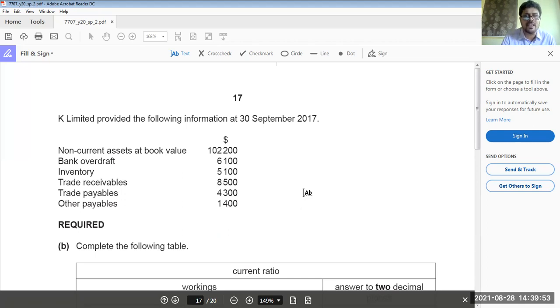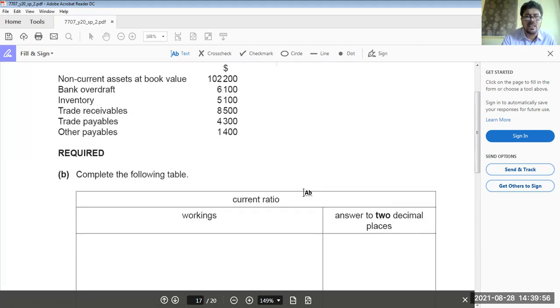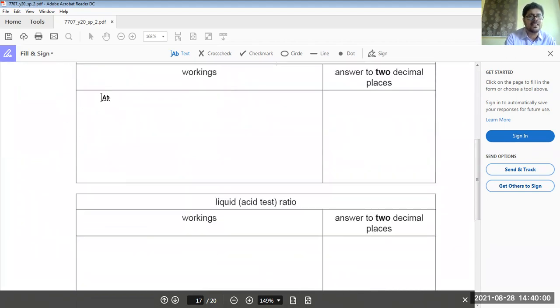Now, K Limited provides the following information on 30th September 2023. Current ratio. Current ratio means current assets divided by current liabilities. Am I right?